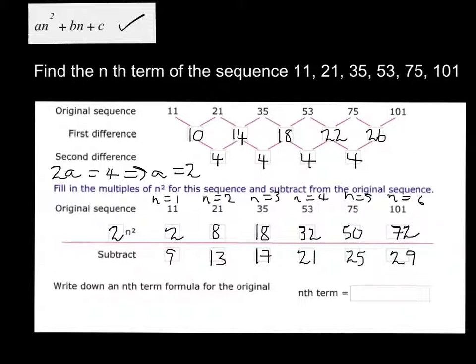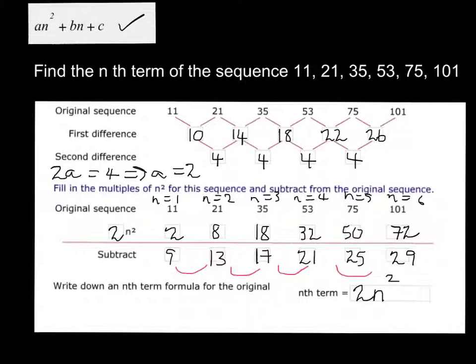We know that we have 2a, so we can write 2n squared. Now this sequence that we have at the bottom here is a linear sequence, and if you notice, it's going up by 4 every time.